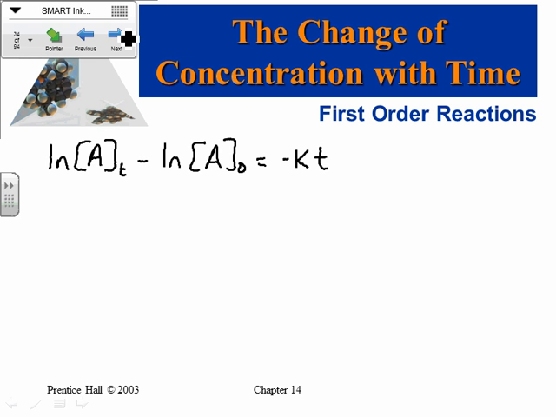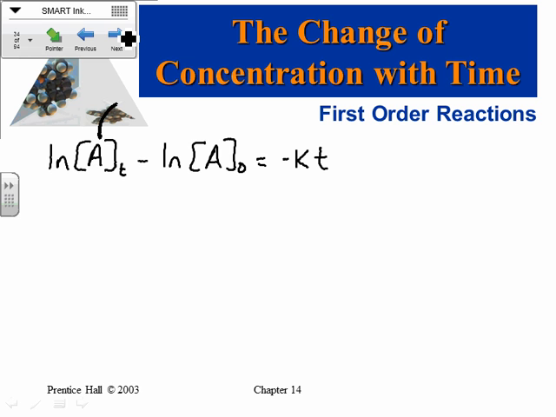And you just have to know what all these things mean. A is basically just your concentration at the end. A0 is your concentration that we're starting with. This is our k, and this is our time. And the only thing you have to make sure of here is that your time units and your k units match up with one another. So you got to kind of watch out for that.